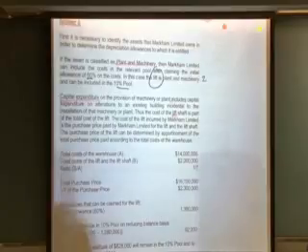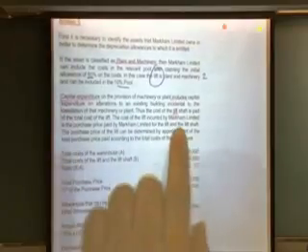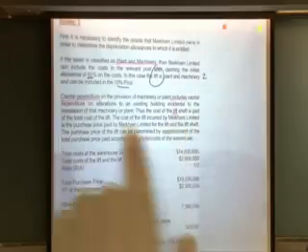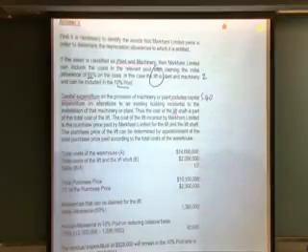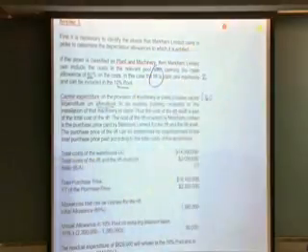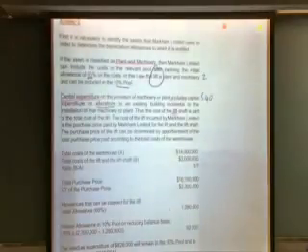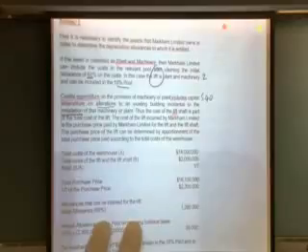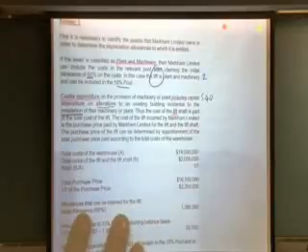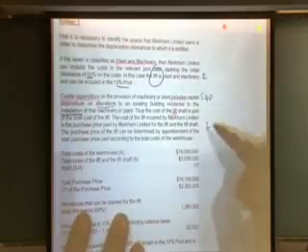All right? And then the lift cost, capital expenditure, includes the installation or alteration. That means the installation of the lift will be included as cost. So another 2 marks.